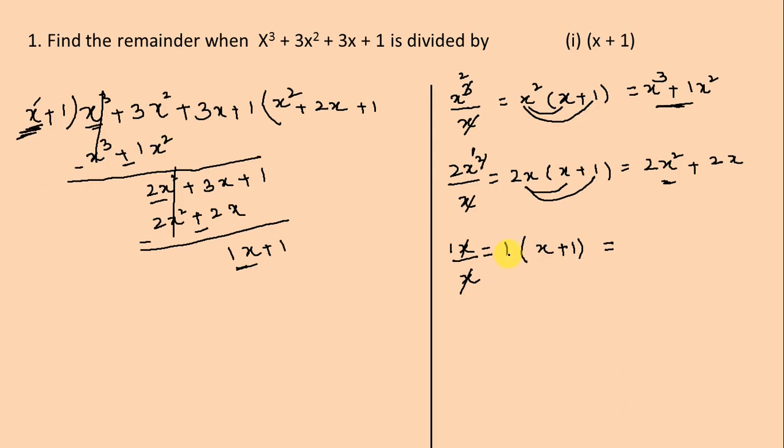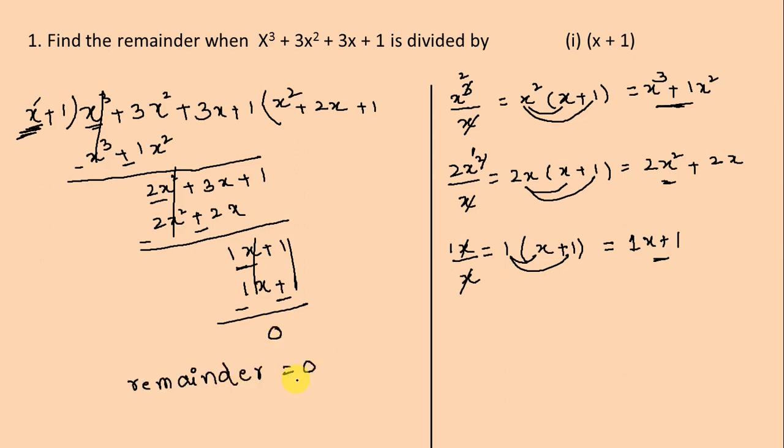We multiply 1 with x is 1x, plus 1 into 1 is 1. Put this term here and change the sign. Here plus minus get cancelled, here plus minus get cancelled. The remainder is 0 here.